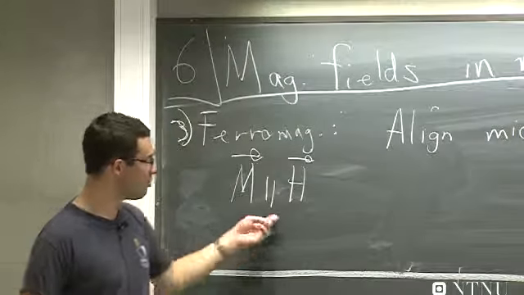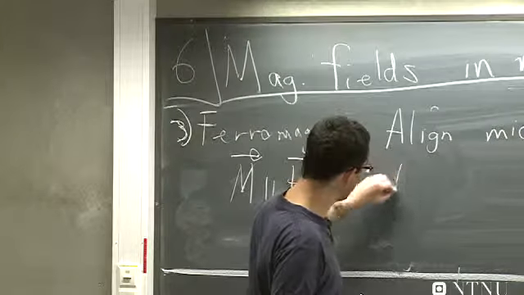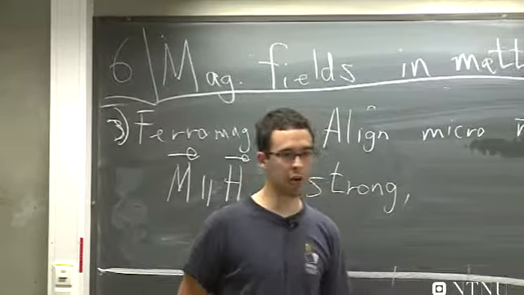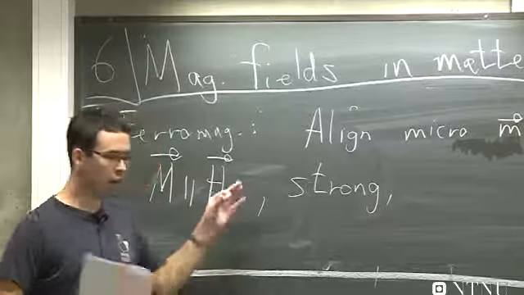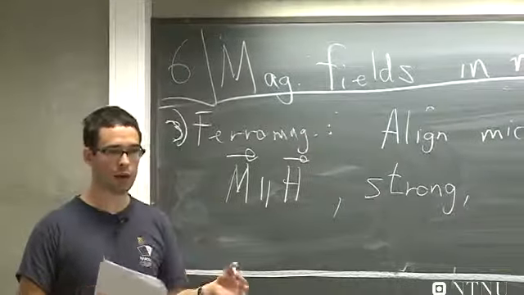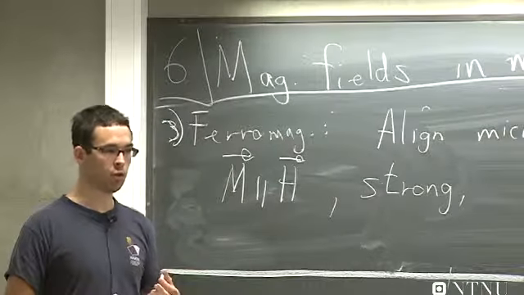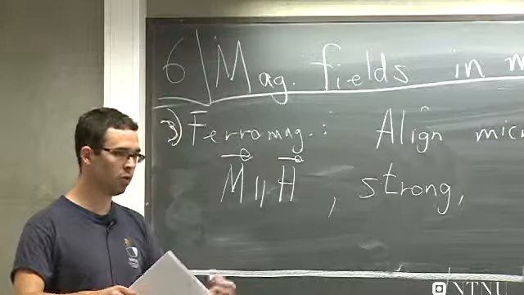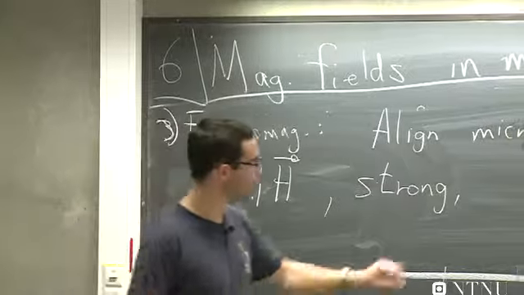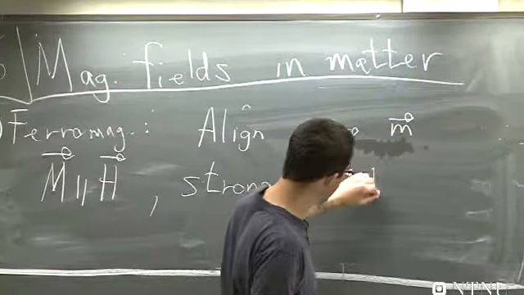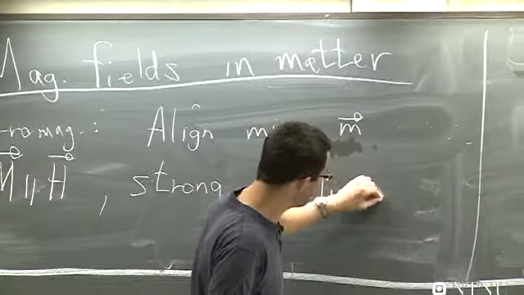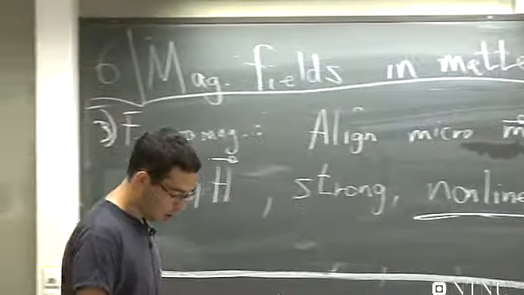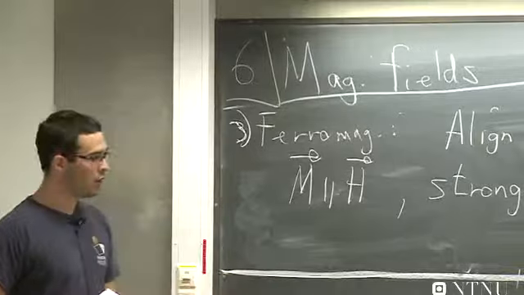But this is a very strong effect. And it's also a nonlinear effect because the alignment is so efficient that at some point you align all the dipoles. And then there's nothing more to align, and then it can't be linear anymore, right? Because if you double the field, there's nothing more to align, so there's no more magnetization. So it's a very strong and non-linear effect.